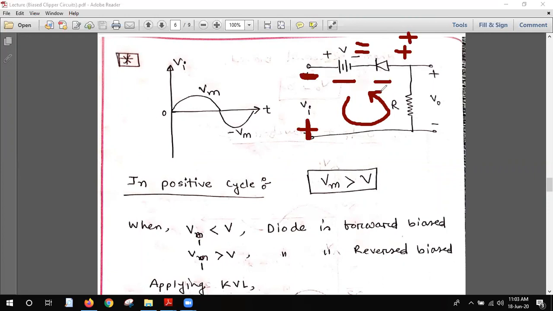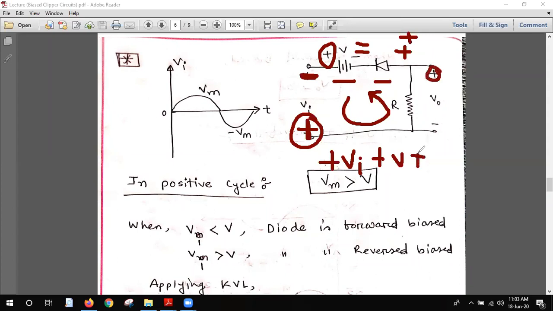At that time, we will just apply the KVL. If we take the first sign, then it will be plus Vi. Then we take the first sign, it will be plus V. And then if we take the first sign, it will be plus V output.